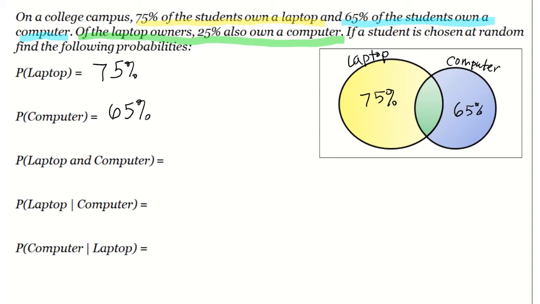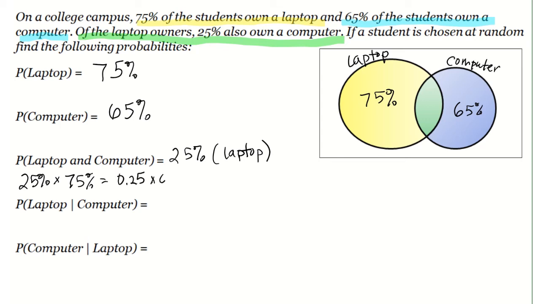But what the problem is telling us is that 25% of the laptop owners own a computer. So the intersection is not 25%, it's going to be 25% multiplied by the 75% of the laptop owners.